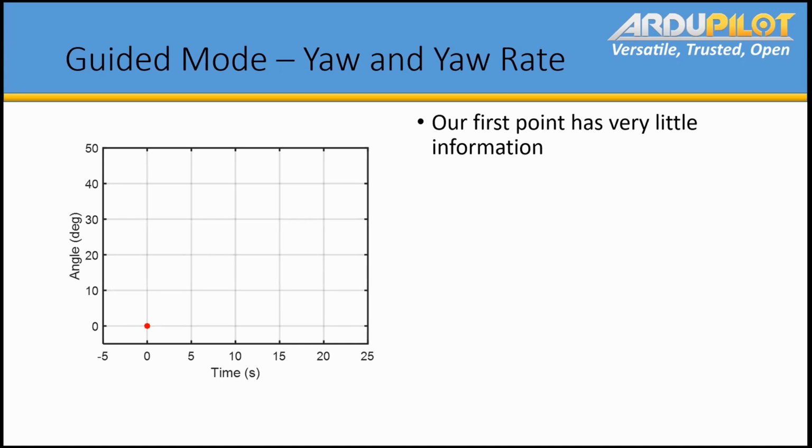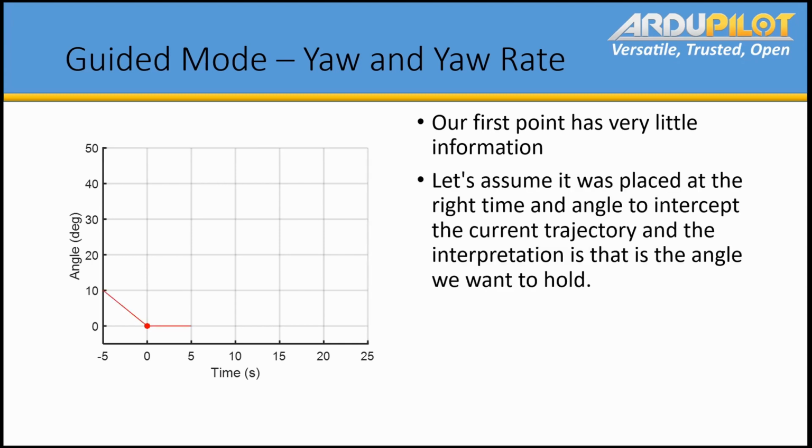An example to try and illustrate how little information we have. You provide an angle command, just a heading, your heading. We have an angle. What do we do with that? Okay, now we sort of have an assumption that we need to get there.